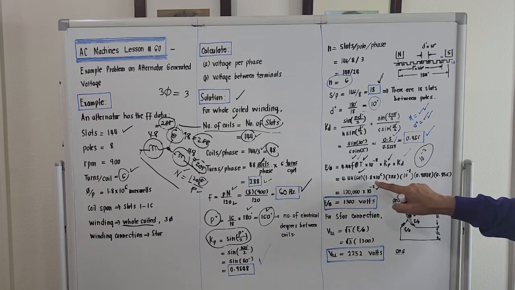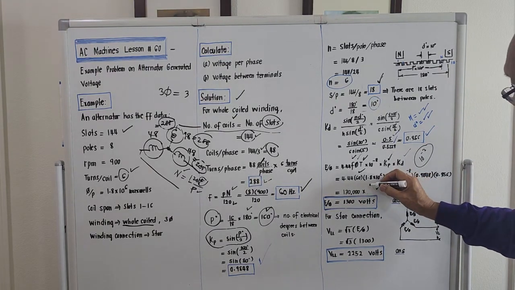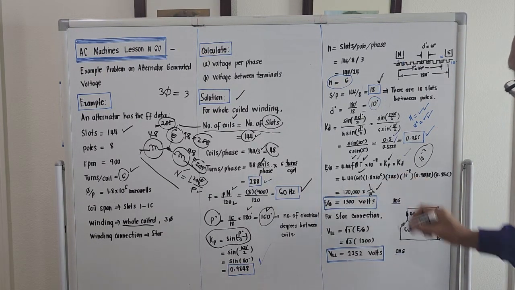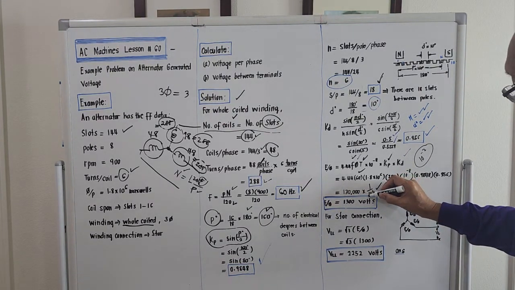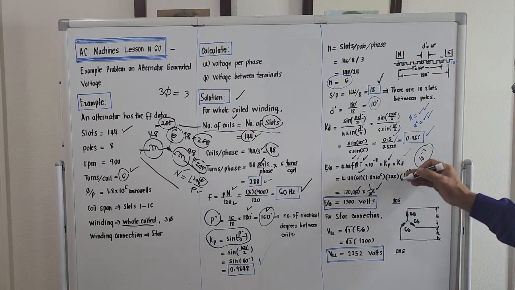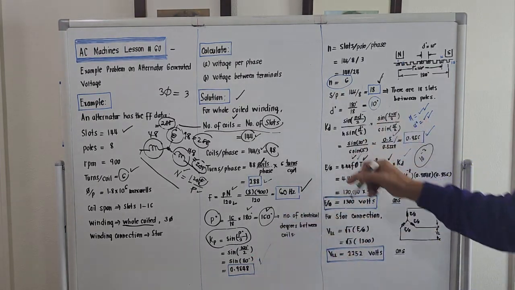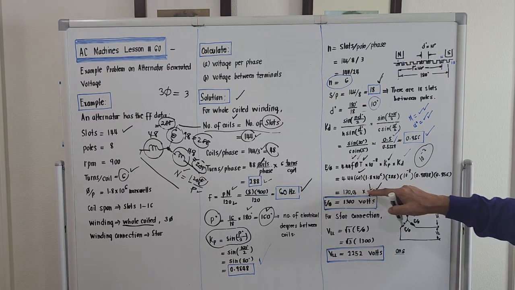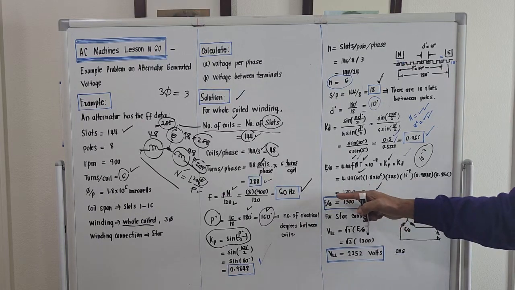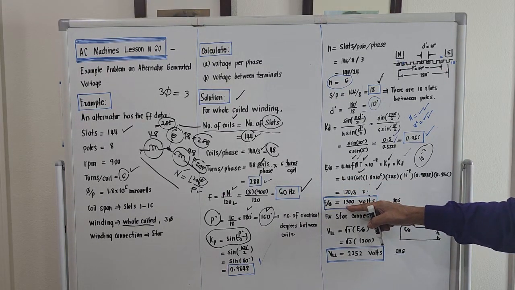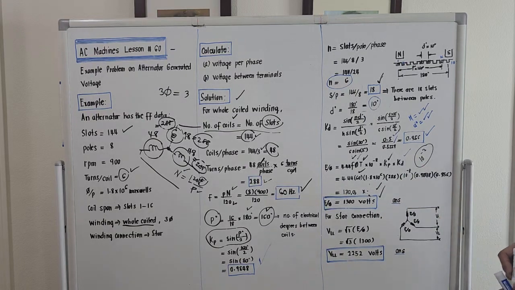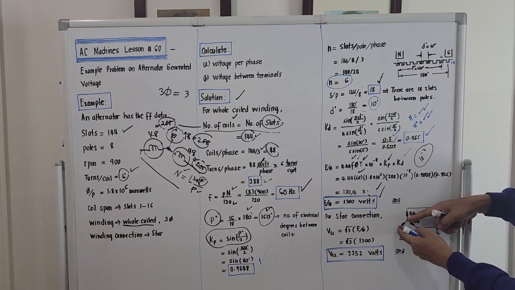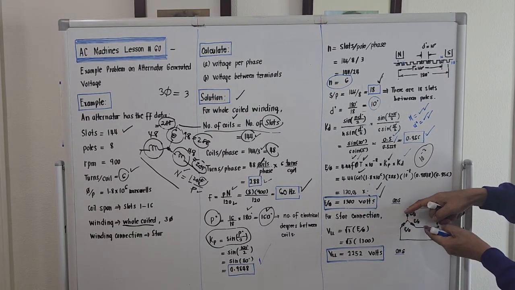And 10 to the minus 2, it seems we will divide the value 130,000 by 1 over 100. Right? So this 100 here cancels with this. The operation is multiplication, guys. We could cancel 0 here and 0 here. Actually we remove 2 zeros here and this is gone. So the voltage per phase will be 1,300 volts. Okay, so each winding of the alternator should generate 1,300 volts per phase.